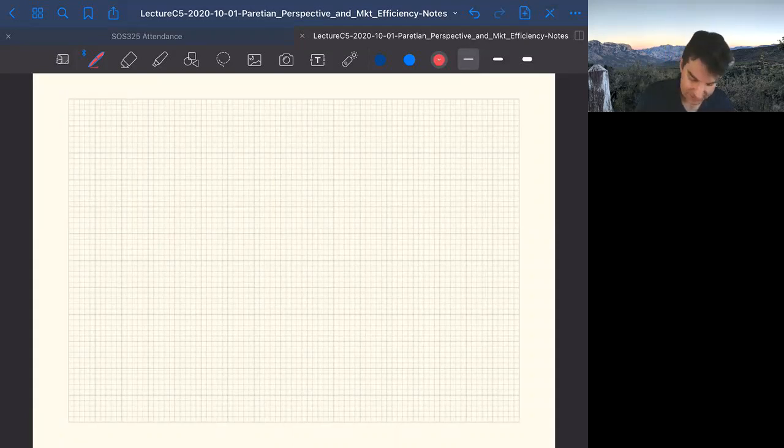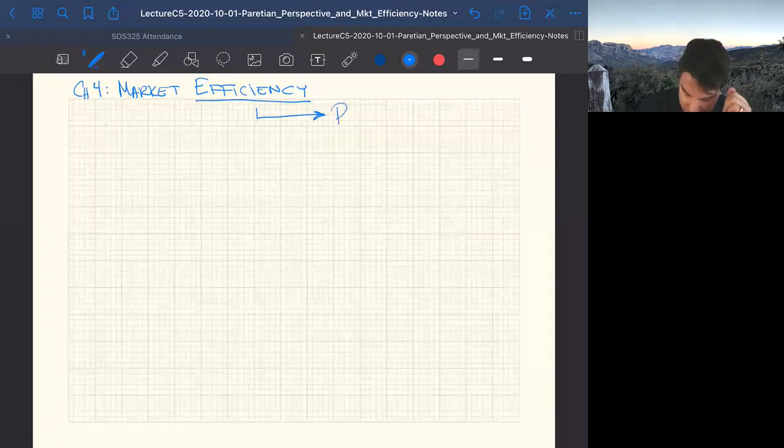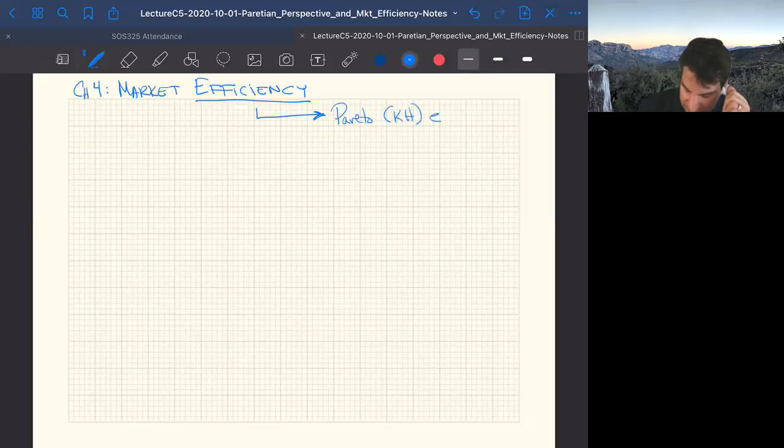All right, so in chapter 4, the focus is market efficiency. And you hear this term efficiency, and efficiency in an economic sense is Pareto or Kaldor-Hicks efficiency.